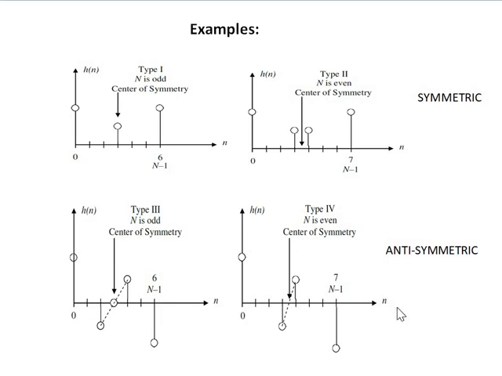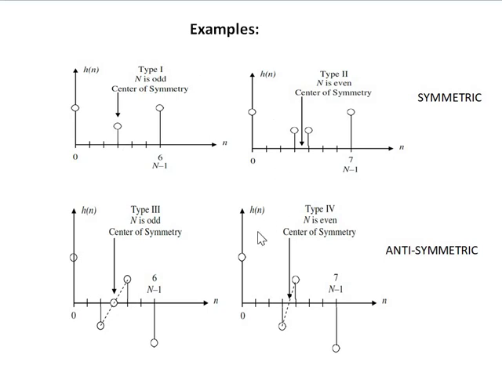Coming to the anti-symmetry, here N is even. Here also, if you observe, the center of symmetry is here. We can split the n into 2 parts. One is less than (N minus 1) by 2, another is greater than (N minus 1) by 2.